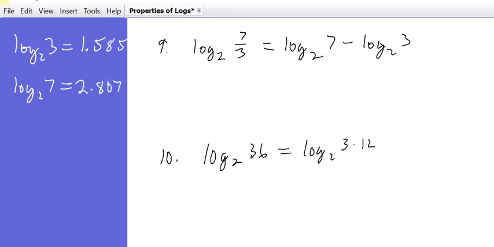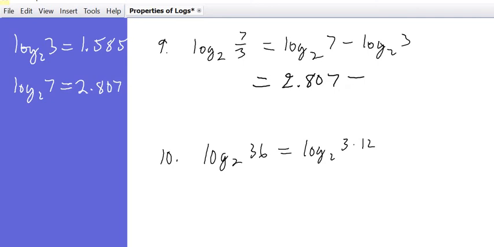So what I've done is we've taken the log base 2 of 7/3, broken it up into a difference because we're subtracting according to the rule, quotient property. And now I'm going to substitute log base 2 of 7, the approximation 2.807, minus log base 2 of 3. This is what the book is telling me these answers are.